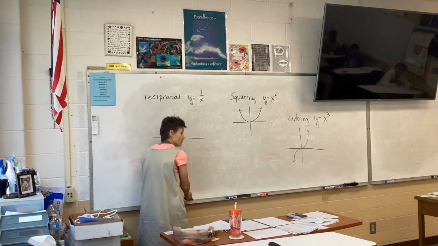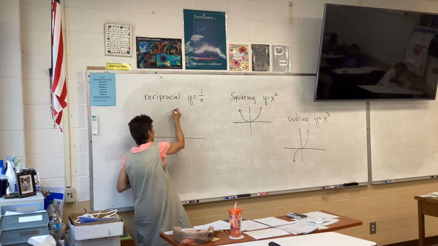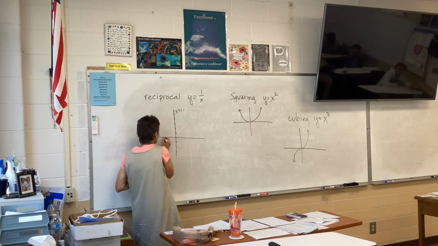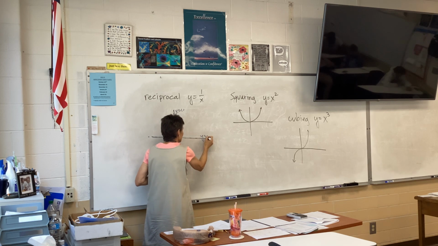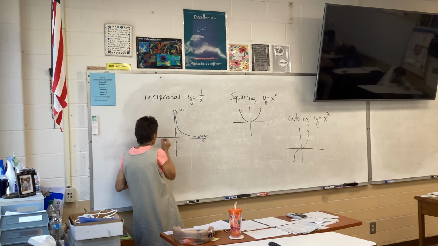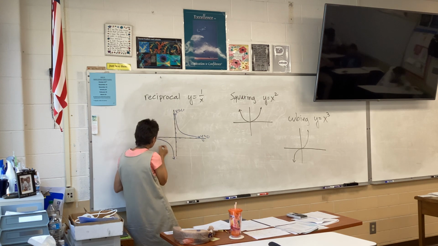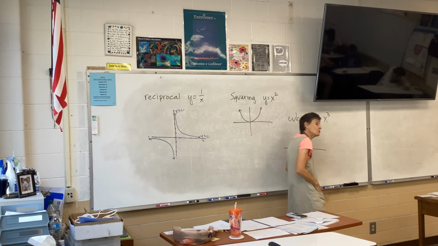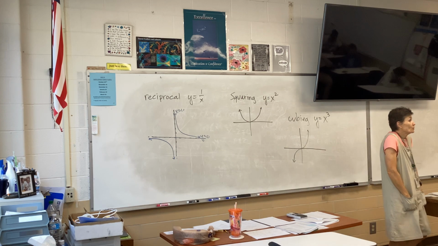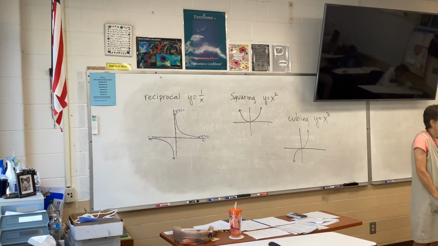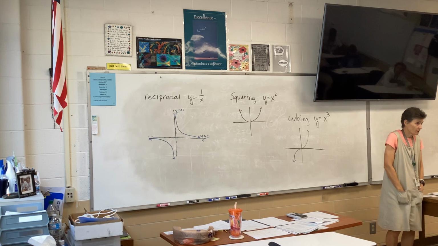It has asymptotes at x equals 0 and y equals 0. And then it is in quadrant 1 and 3. So what I drew in blue is what you need to draw. So you label your asymptotes, x equals 0 and y equals 0, and then you sketch in your curve. That's called the reciprocal function.